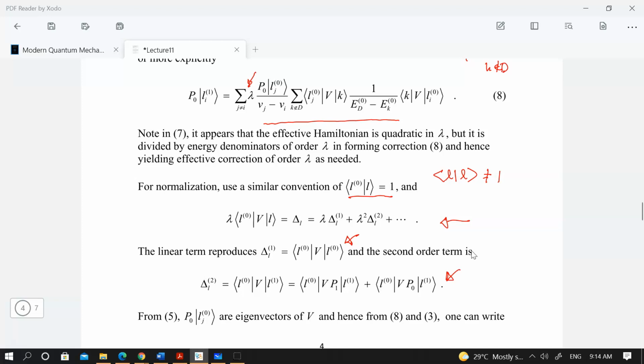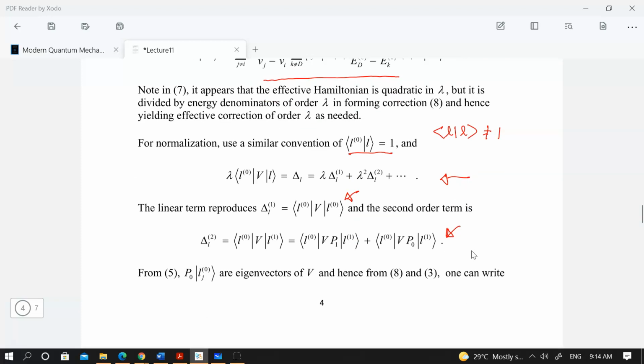Again, you need to check this. It's confusing in the beginning, but in the end, when you do the calculation, it should be sensible. Okay.